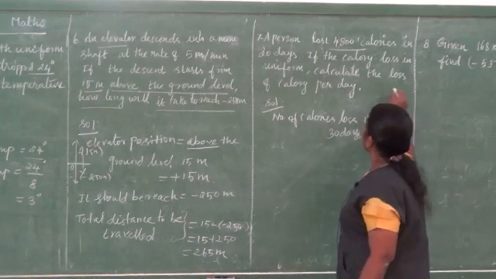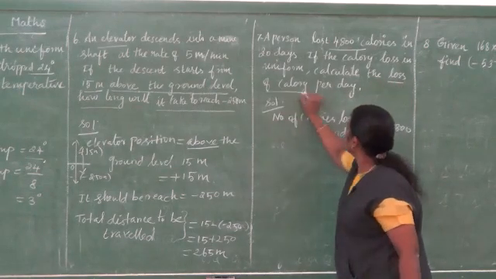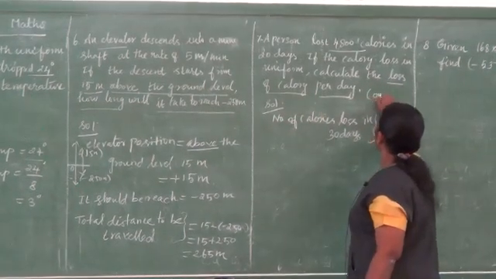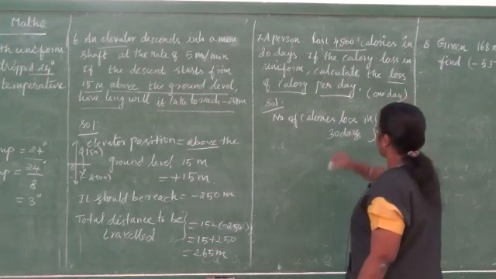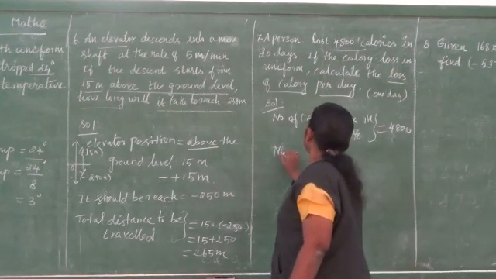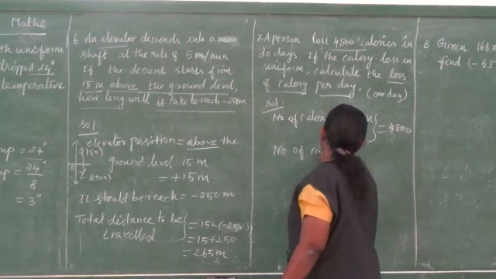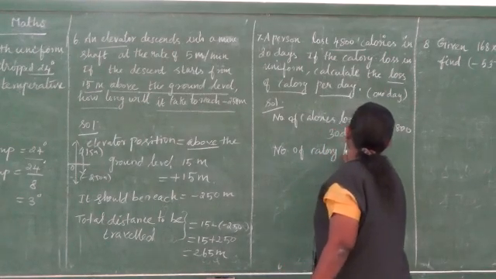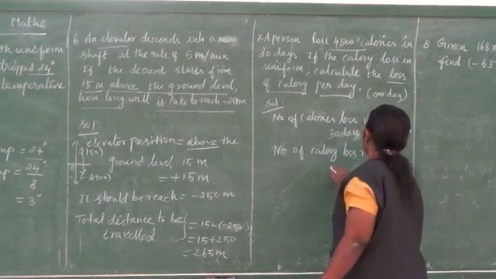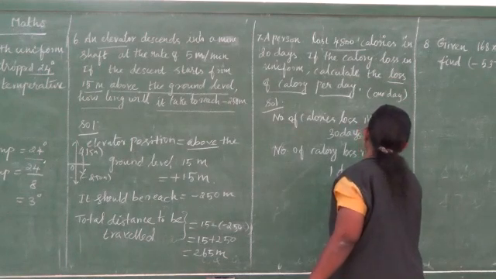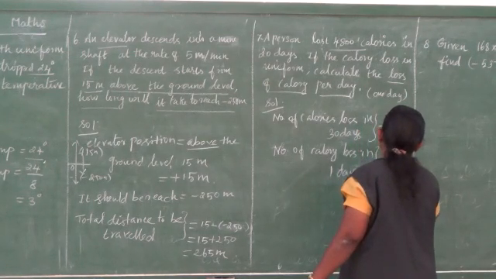Now we have to find the loss of calorie per day. Already I told you, per day means we have to calculate for 1 day. So the number of calorie loss in 1 day, go for division.